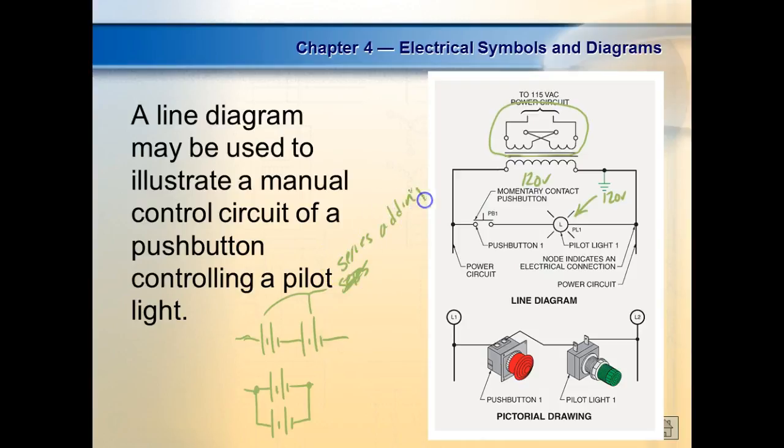Now what do we get when we hook sources in series aiding? Add them, but what do we add? So let's say this guy right here is rated at 10 milliamps and this guy right here is rated at 20 milliamps. Now this is 5 volts and this is 6 volts. What do we add? We add both, okay. So that means across here I would get 11 volts at what current?